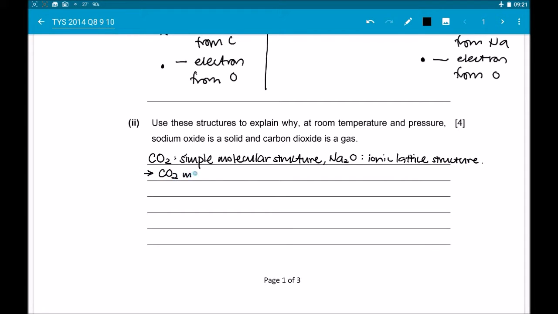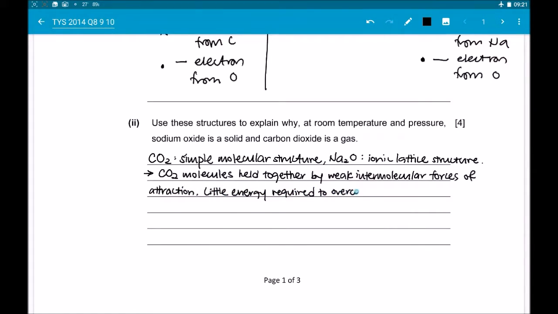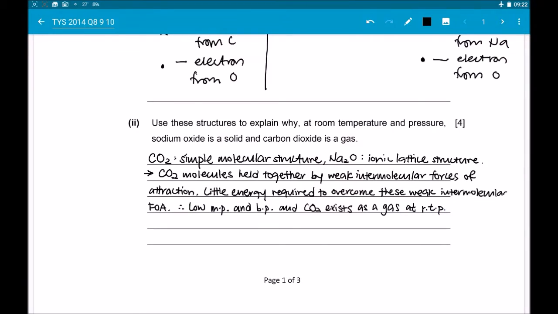Since carbon dioxide forms covalent bonds, the carbon dioxide molecules are held by weak intermolecular forces of attraction. Thus, little energy is required to overcome these weak intermolecular forces, and it has a low melting and boiling point. Thus, carbon dioxide exists as a gas at room temperature and pressure.